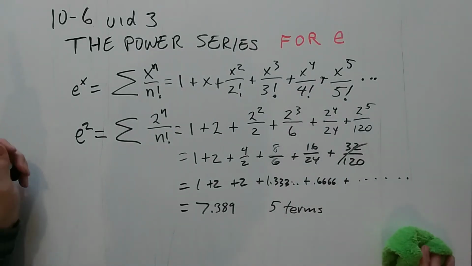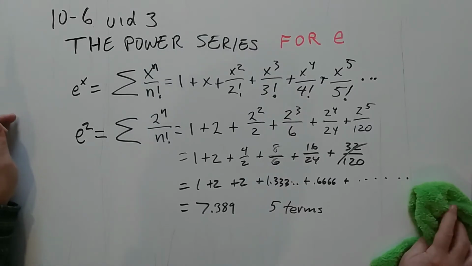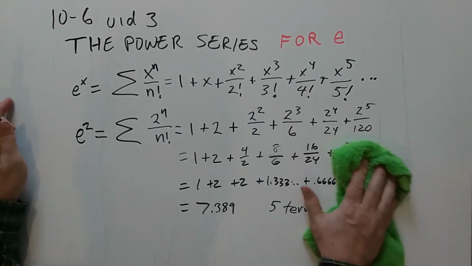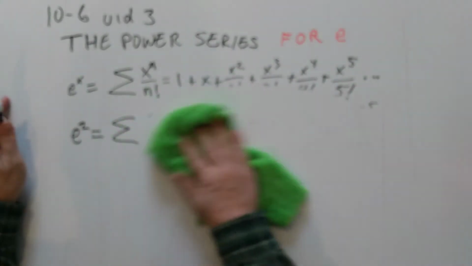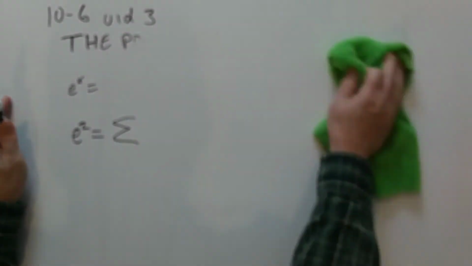Let's look at a couple of other values, more difficult to calculate. But with calculators, all of this is easy. And of course, on your calculator, you just have an e to the x button, which makes it even easier. But there's some value in knowing this because computers can only add and subtract.